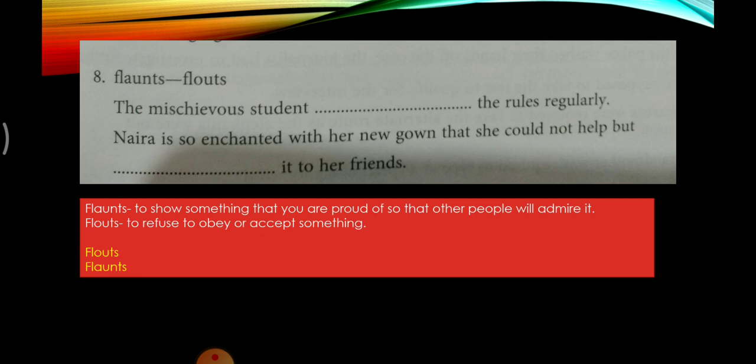Next, Lyra is so enchanted with her new gown that she could not help but flaunt it to her friends. So here the first answer will be flouts and the second will be flaunts. I hope you understood the meanings of the confused words.